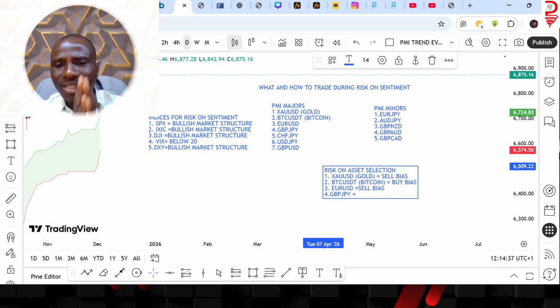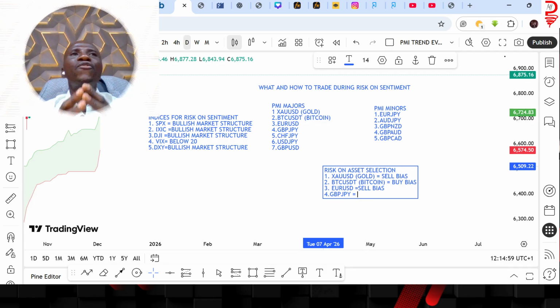So during a risk on of a sort like this, we are expecting that GBP JPY should still maintain a buy bias. I hope you understand what I've explained. Because if you get to GBP USD, the bias will be a sell for GBP USD. Are you getting it now?